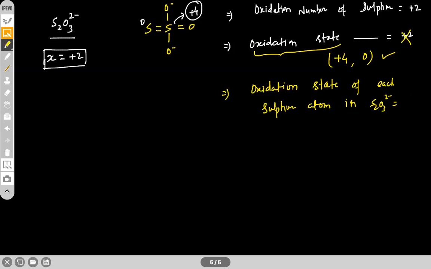It is +4 and 0, because one is +4 and the other is 0.